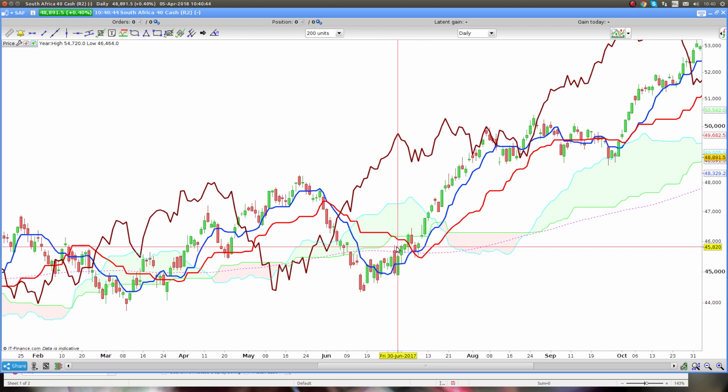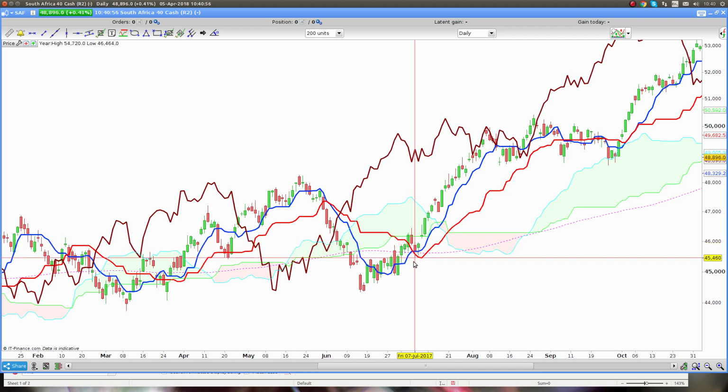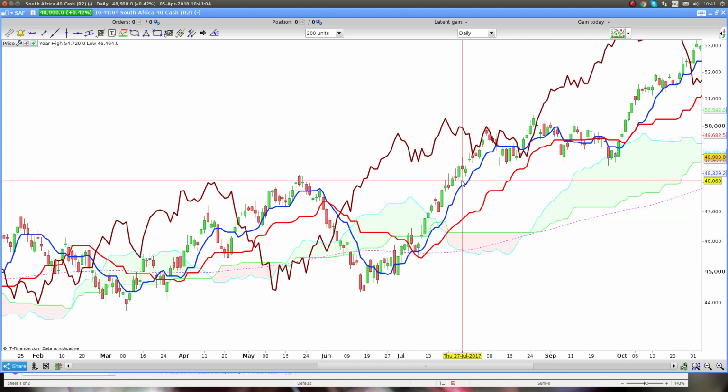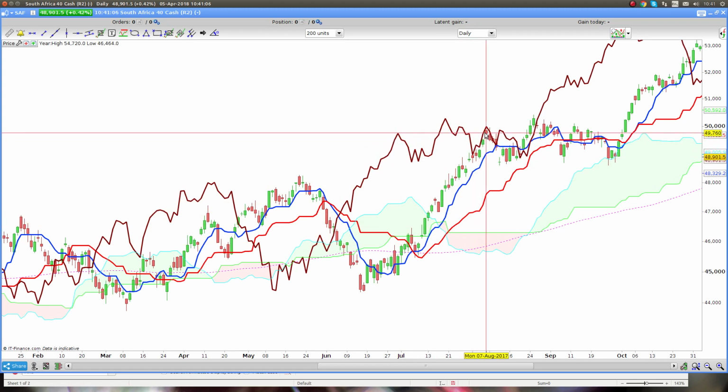We're forming a flag of sorts that we thought was a continuation to the downside, which turned out not to be. Broke back through the 200 moving average, and then we had a crossover here and a pin bar on the cross. So long there, stop there, and there was no reason to get out of this trade. From the 10th of July 2017 all the way up to the 7th of August, there was no reason to get out of the long.